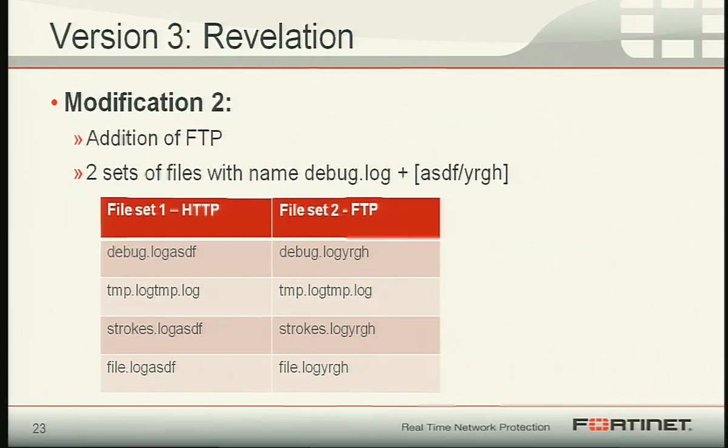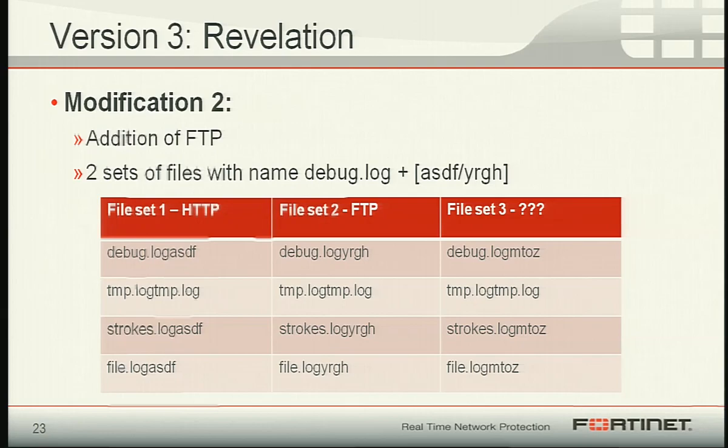What's interesting is that in the body of Revelation, there's actually a 3rd set of files that are used, where the base name is appended with MTOZ. And we can expect that if there's any future development past Revelation, it may support up to 3 exfiltration methods.